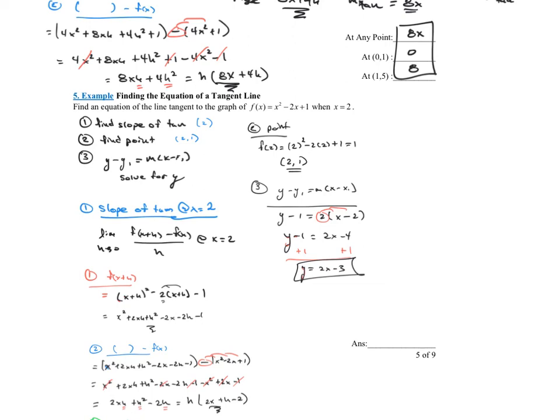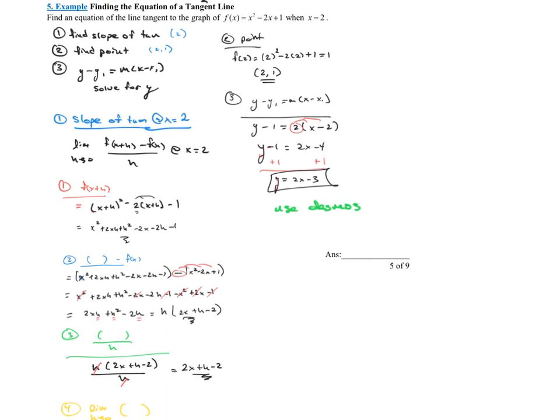This is the point in time where I'd ask you to use Desmos. When you go on to Desmos, desmos.com, or you're using the Desmos app, I want you to graph the original equation, which is y equals x squared minus 2x plus 1. And I also want you to graph y equals 2x minus 3. What you should see is a graph, I don't know how it's going to look, something like that.